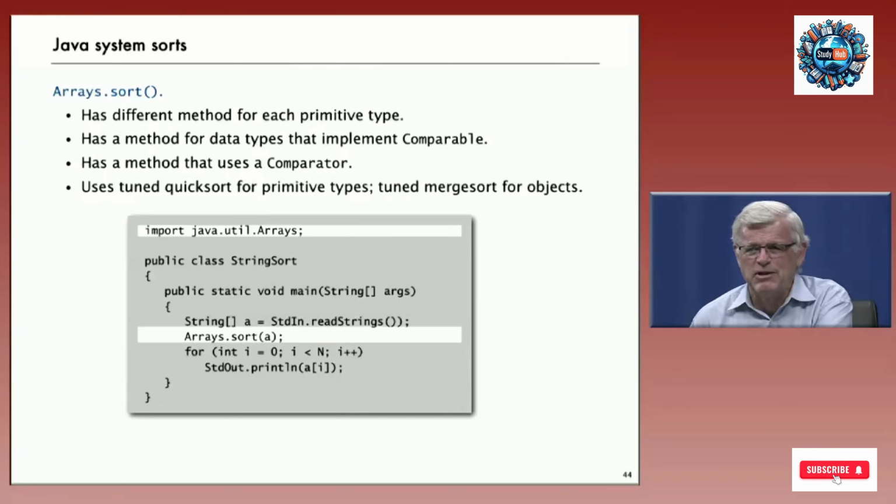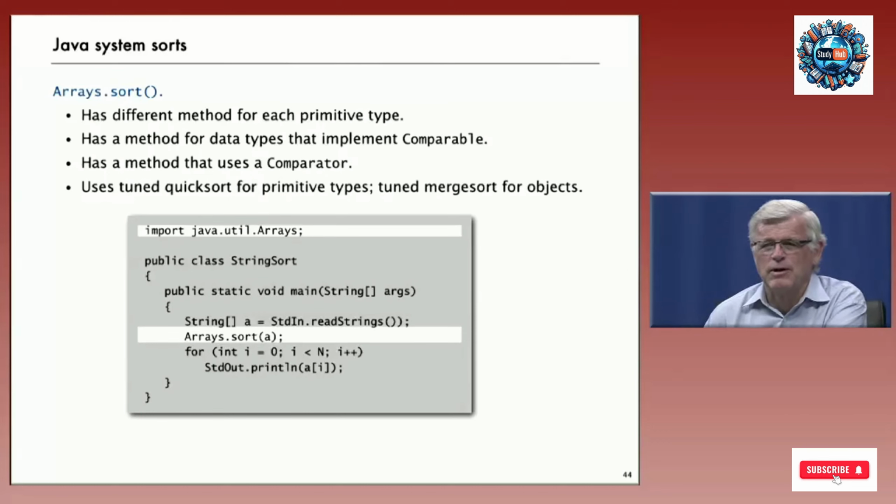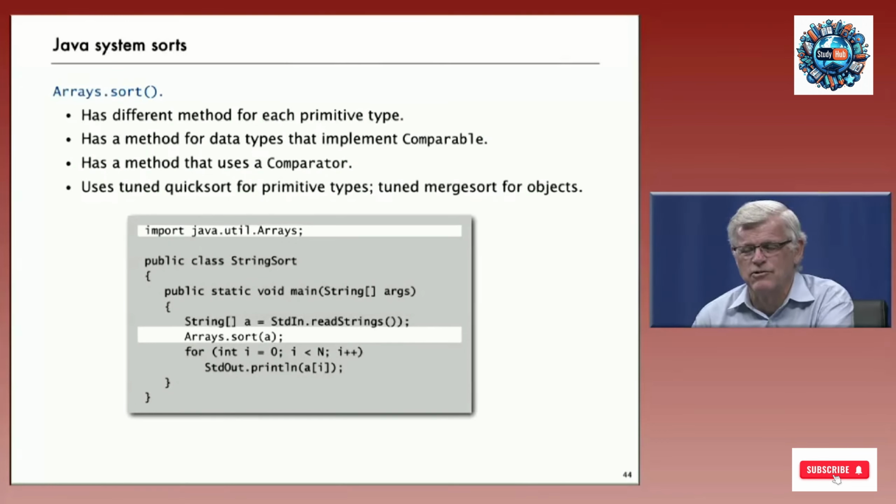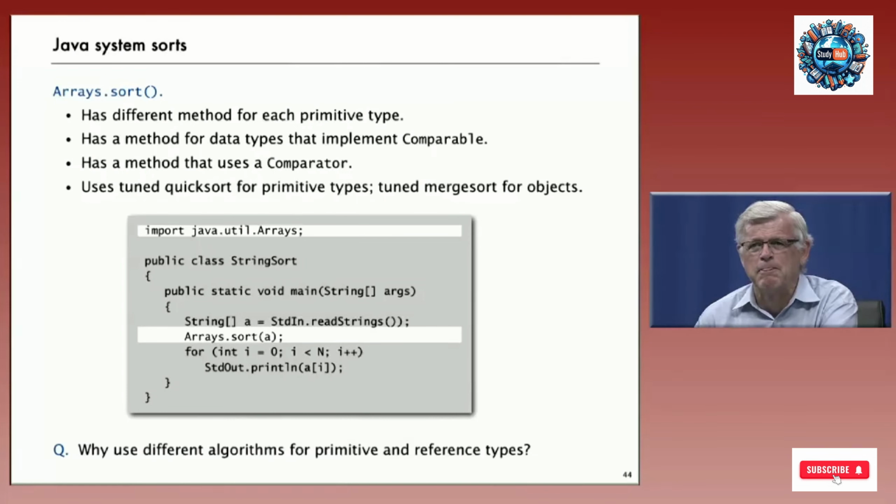And so the extra space used by Mergesort maybe is not a problem. And if the program is using primitive types, maybe performance is the most important thing, and so they'll use the Quicksort. To invoke Arrays.sort, you have to import the namespace from java.util.Arrays, and then all you need to do is invoke Arrays.sort.